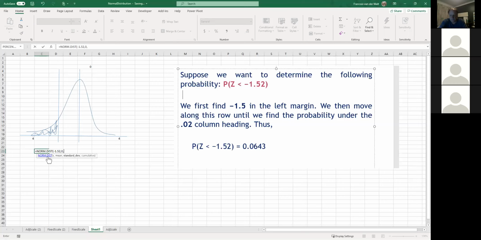And what's the standard deviation? It's just 1. Yeah. And now I need to make a decision. Is it cumulative or not? I normally guess true.